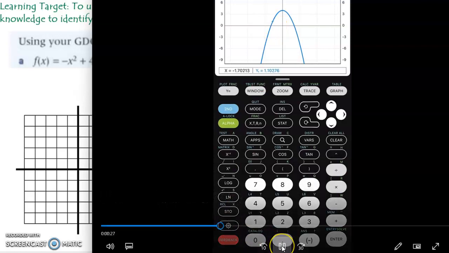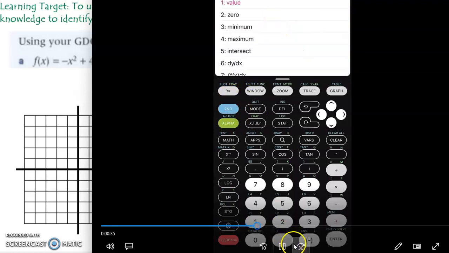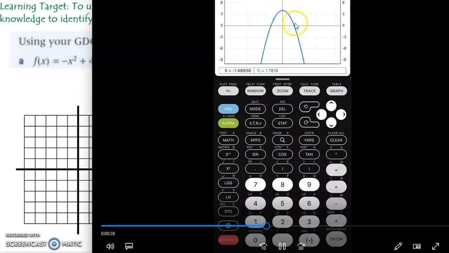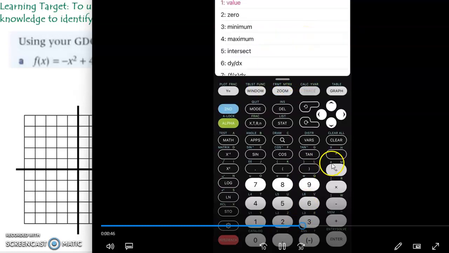So you'll see, I'm moving left, I press enter. I move right, I press enter, and then it tells me x is equal to -2 is this spot. Okay, then I'm going to move and find the other 0. So again, to the left of it, and then to the right of it, each time pressing enter, and so this is +2. And then I'm going to find the maximum.